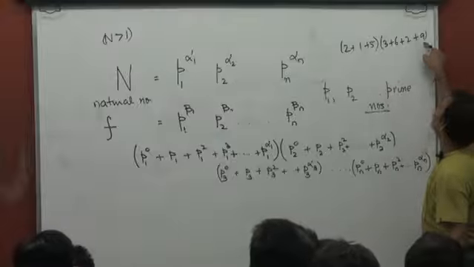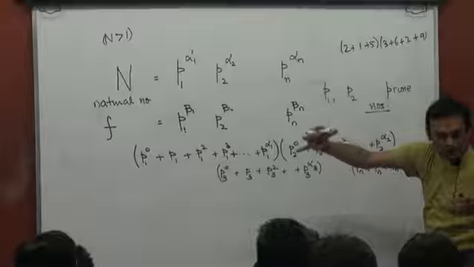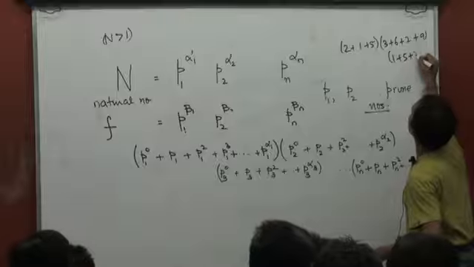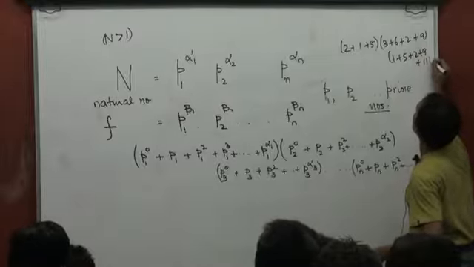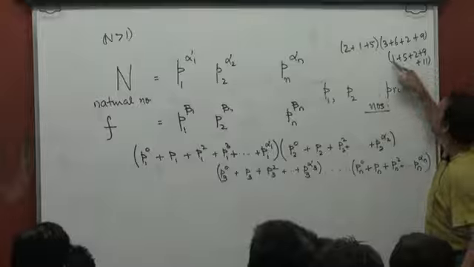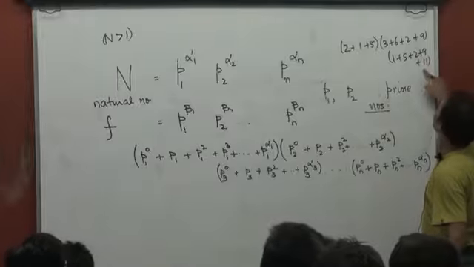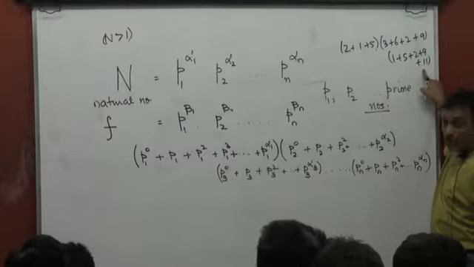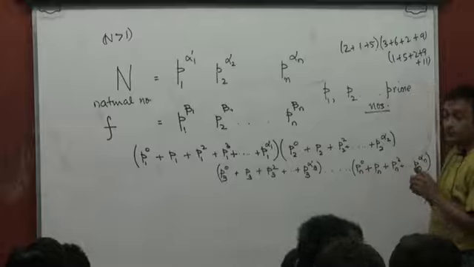And then with 1 plus 5 plus 2 plus 9 plus 11, how many terms will be produced when I multiply this out? 3 into 4 into 6 into 5. Yes or no? 60 terms will be produced.